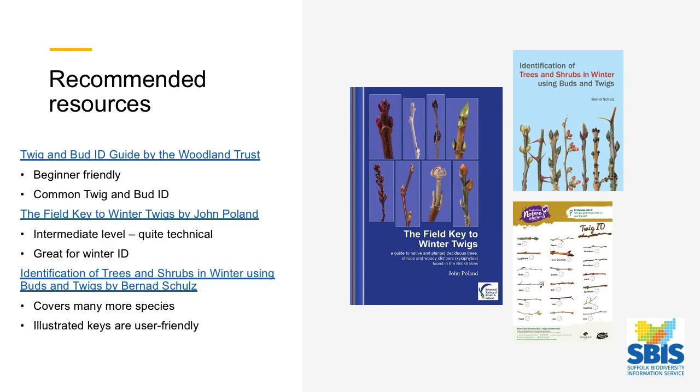This is a more intermediate level guide and can be quite technical, but it's really good for IDing trees in the winter. And another ID guide for the winter is this Identification of Trees and Shrubs in Winter Using Buds and Twigs by Bernard Schultz. So that's another great identification guide, and that covers many more species, but the illustration keys, I would say, are more user-friendly in that guide than the previous one.